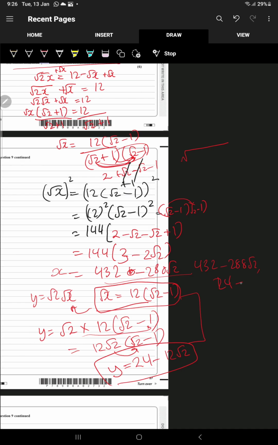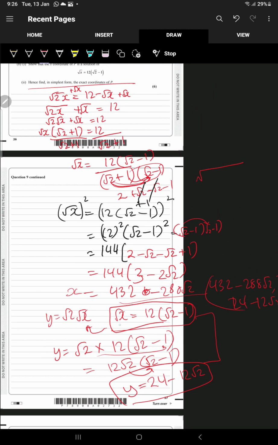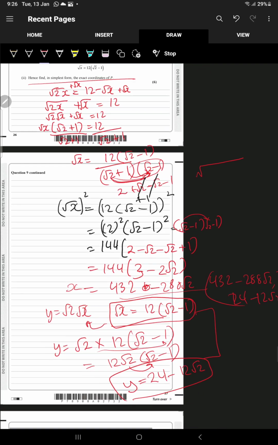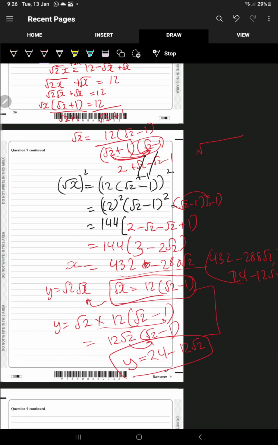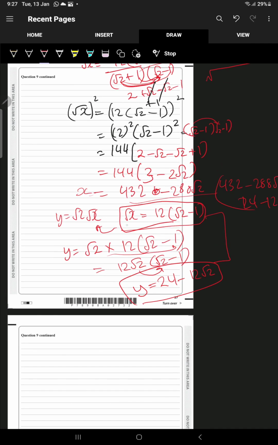I just split it up because if we substitute x only, that is going to give us a rational number, and you cannot square root a third. Since we already have root x, if we can substitute it, it would be much easier. So that's question number 8.